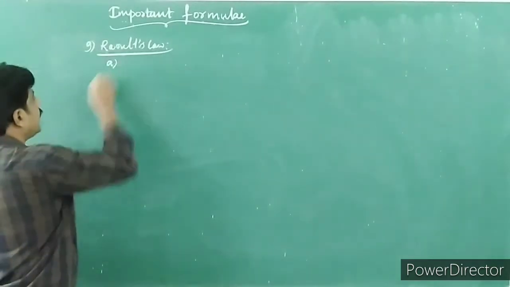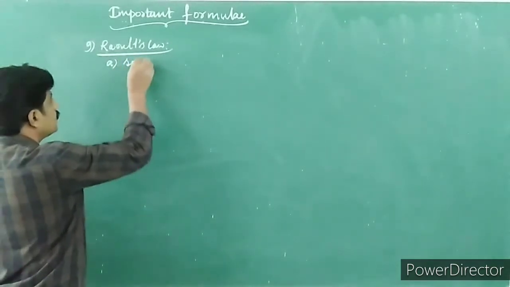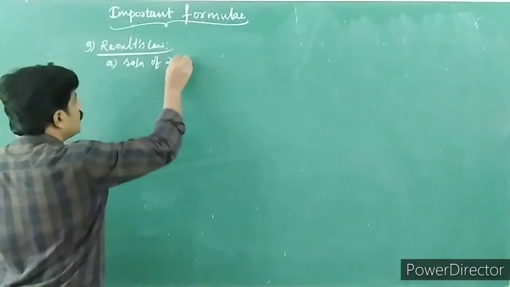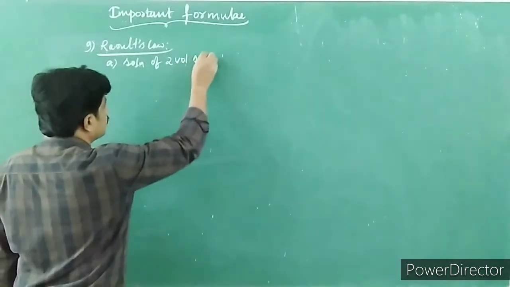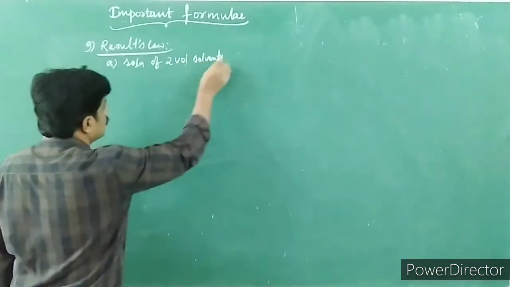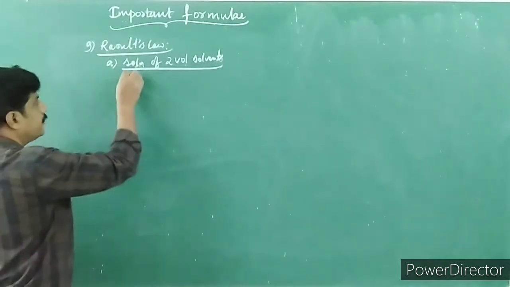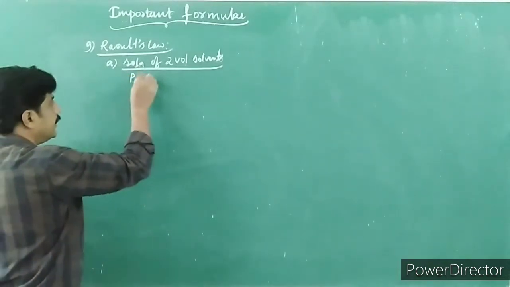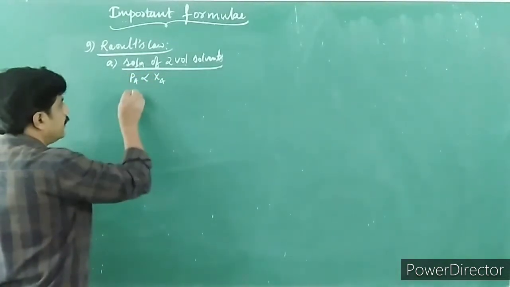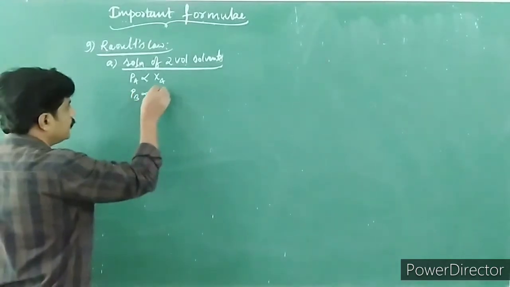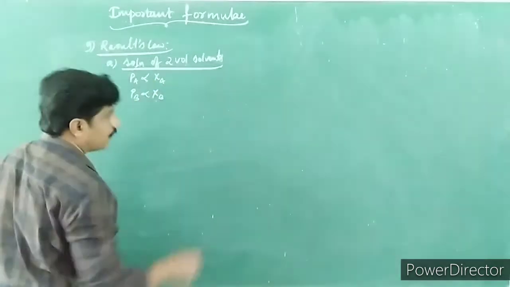Look at here, a solution of two volatile solvents. How do you write that? You know that PA is directly proportional to chi A and PB is directly proportional to chi B. Is it not?